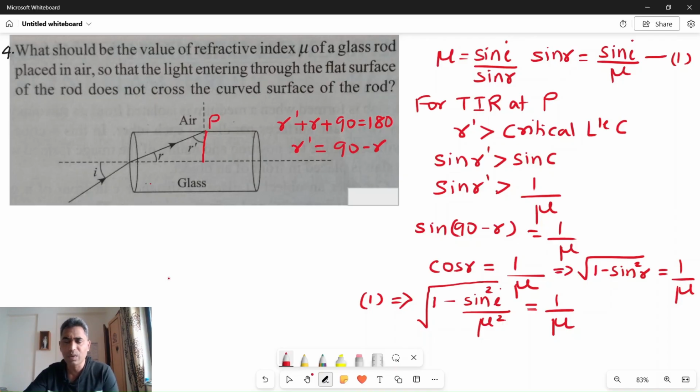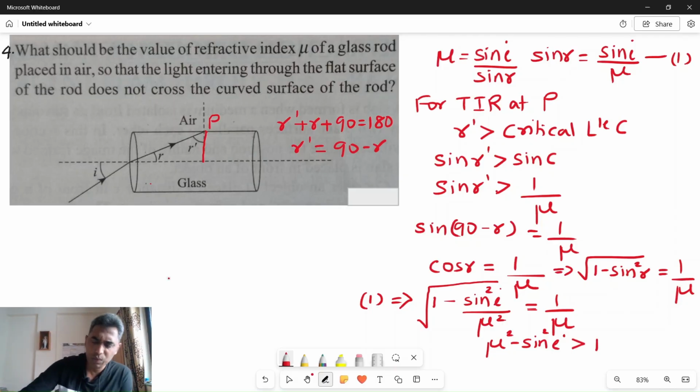So if you simplify it, what do you get? Mu square minus sine square I is greater than 1. Correct?